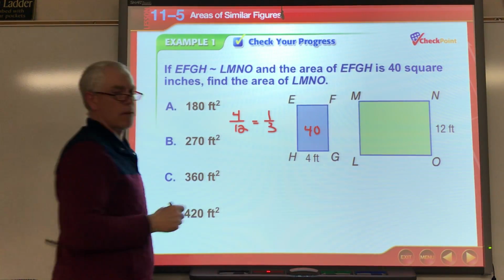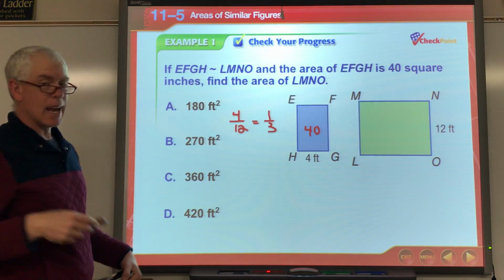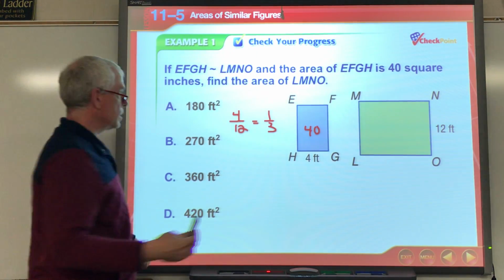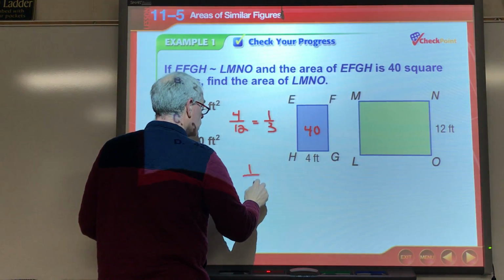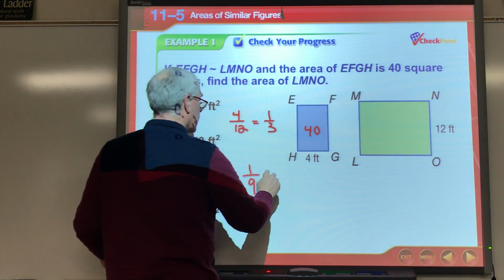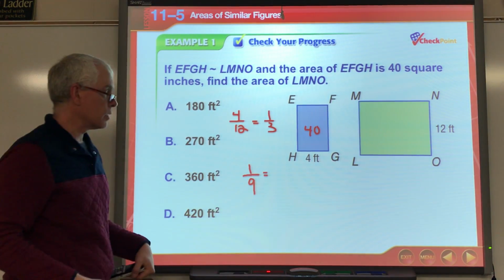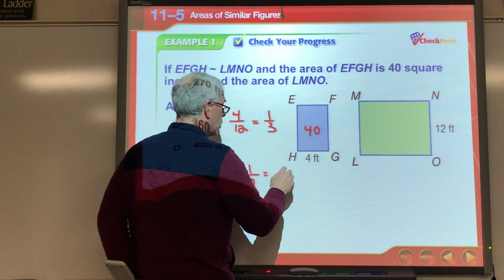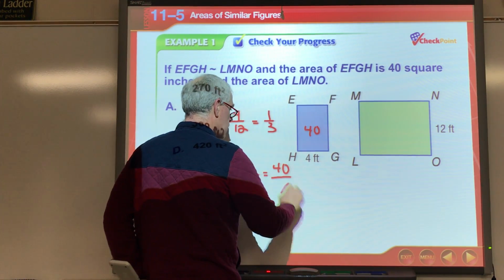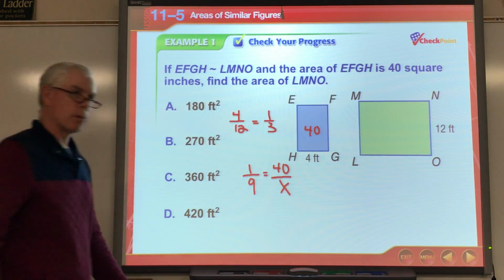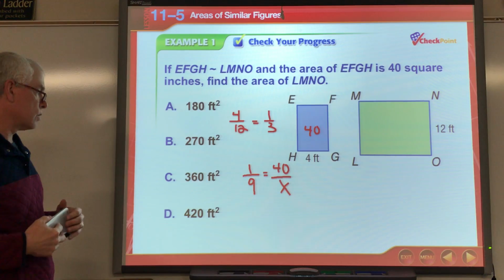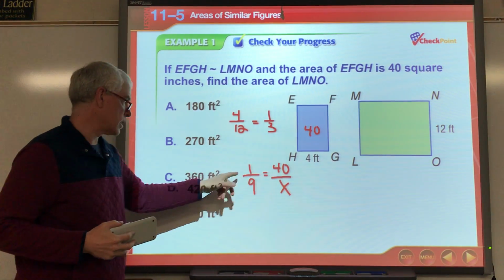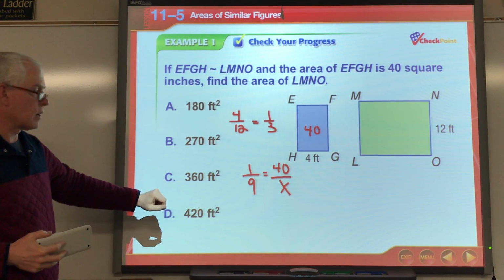So that's the scale factor, you guys. The ratio of the areas then is A squared over B squared, so 1 squared over 3 squared. So the ratio of the areas is 1 to 9, small figure over big figure. The area of the small figure is 40. The area of the big figure is x. If I solve that proportion, I'm going to get the area of the big figure. So 9 times 40 is 360 divided by 1. We should have gotten 360.